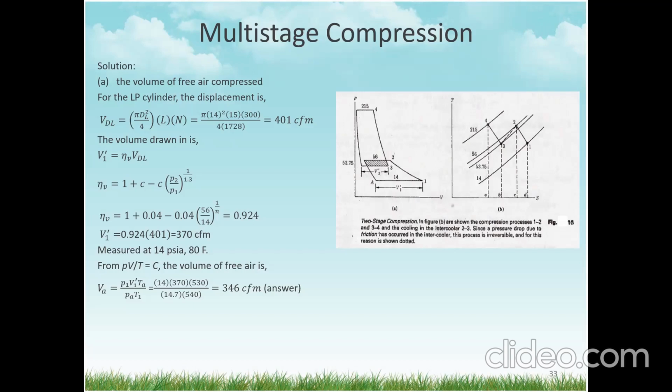So the volume drawn in, V sub 1 prime, is equal to eta sub V times V sub DL. Eta sub V is equal to 1 plus c minus c times (P sub 2 over P sub 1) exponent 1 over n.